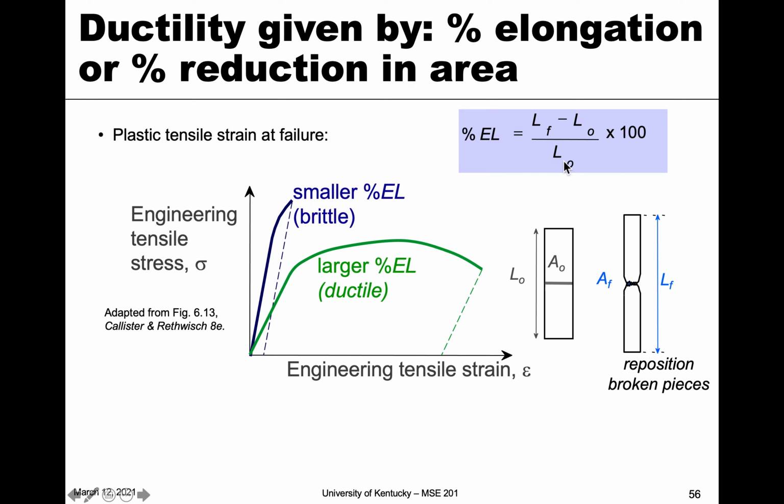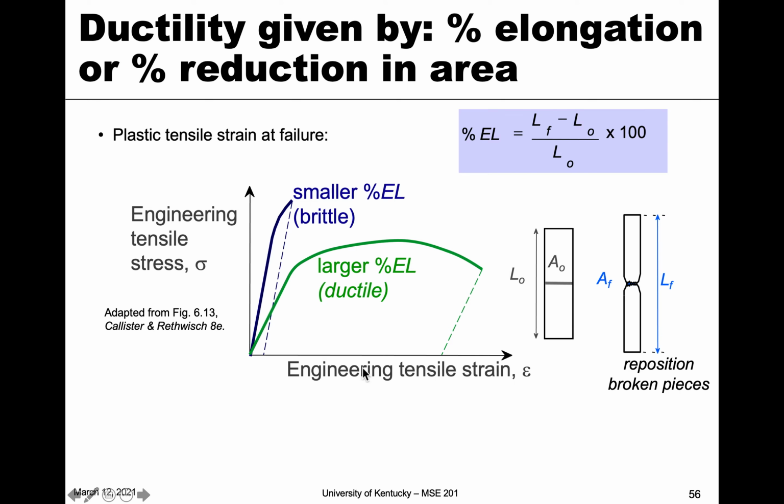Difference in length over an original length is strain. So it's basically the strain at fracture, when the length is at fracture. The only difference besides that is it's strain multiplied by 100, so it's percent, right? But it's effectively strain at failure multiplied by 100.